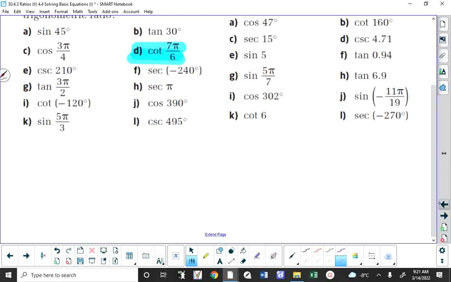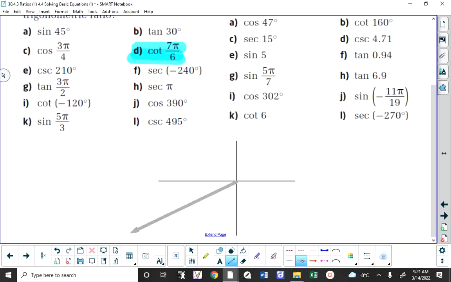So when you start looking at 7 pi over 6 in terms of my arm motion, here's 1, 2, 3 pi over 6, 4 pi over 6, 5 pi over 6, 6 pi over 6, 7 pi over 6 is in quadrant 3 with a reference angle of pi over 6 or 30 degrees. So this is 7 pi over 6.